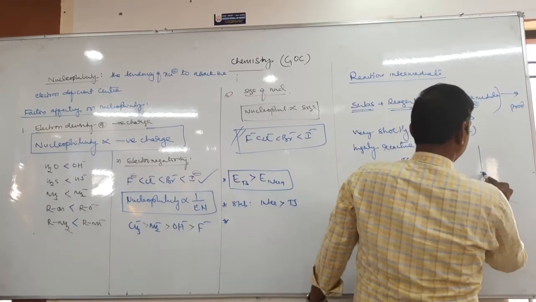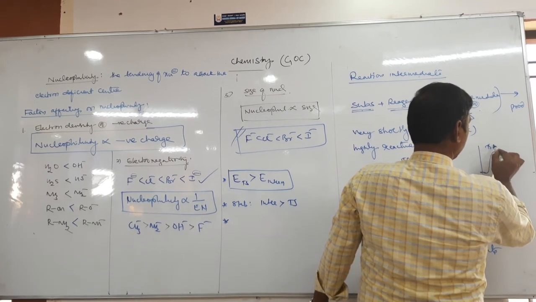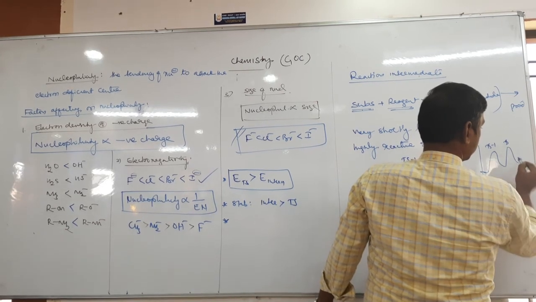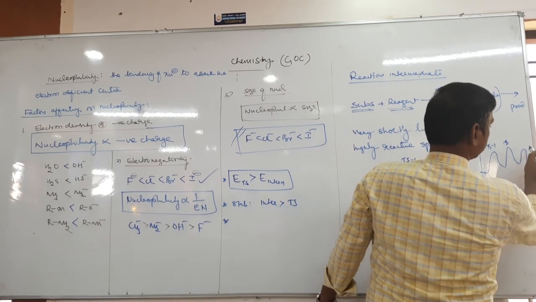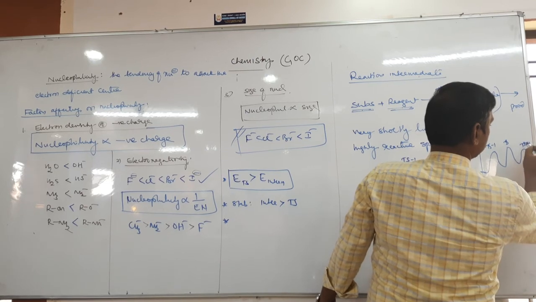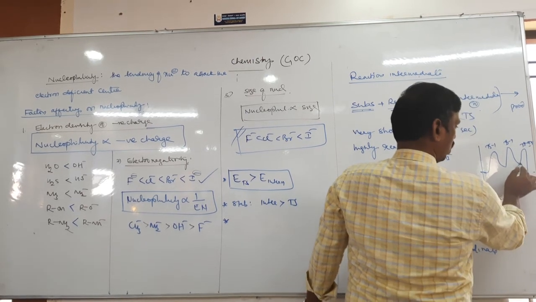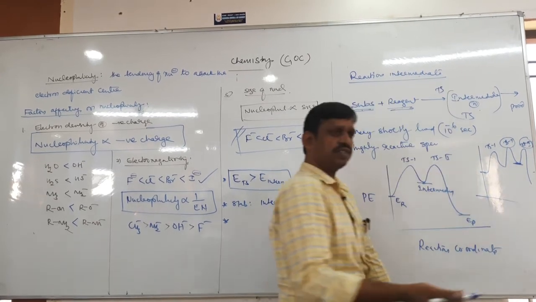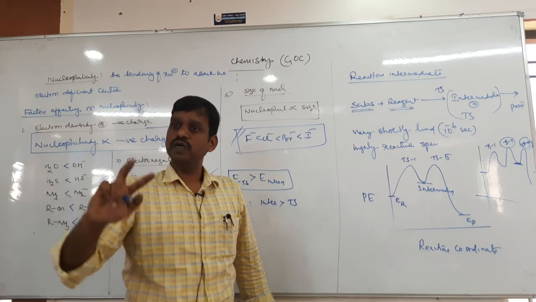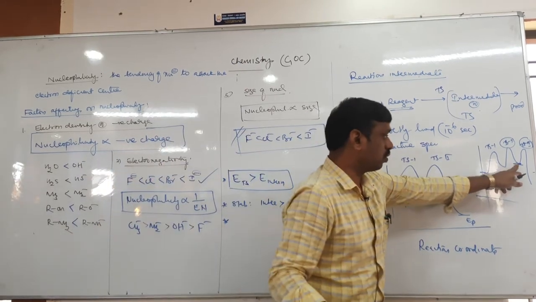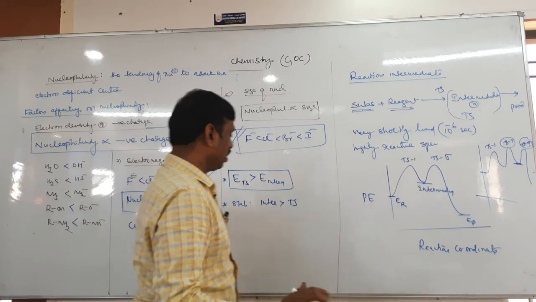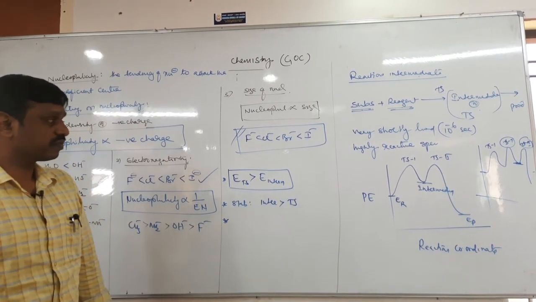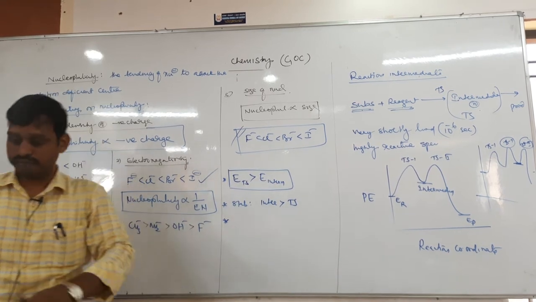Now if you take a diagram like this, this is TS1, intermediate, then TS2, another intermediate, TS3. Now this intermediate is surrounded by 2 TS. It means every intermediate is surrounded by 2 transition states. Take the P diagram.